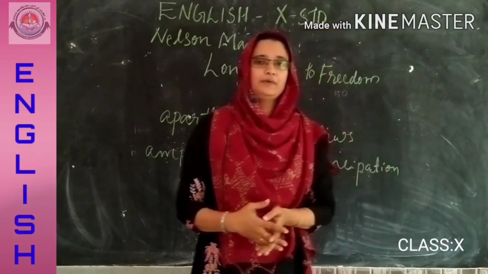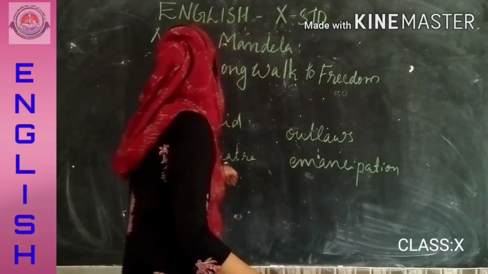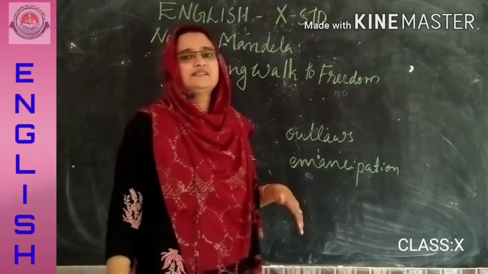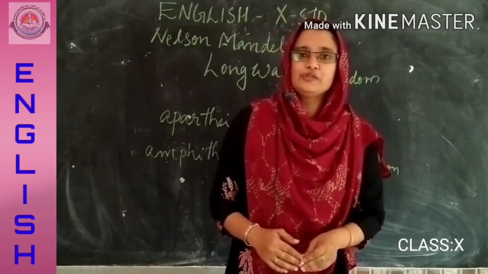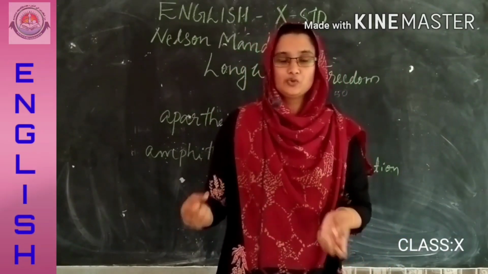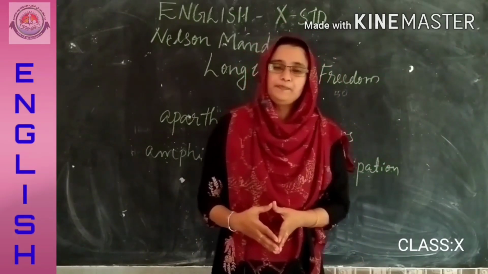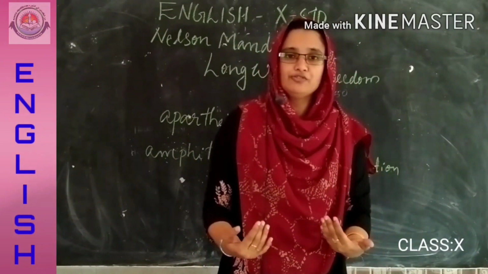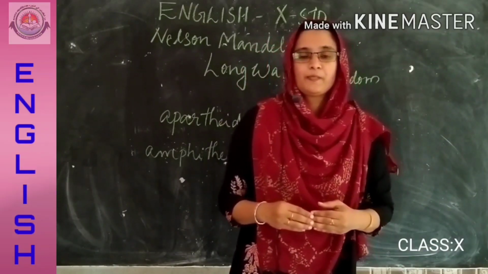Clear? Okay, my dear children, before entering the lesson, you should know the word apartheid. What is meant by apartheid? Apartheid is a political system that divides the people according to their color, race, and other social groups. That means the white people enjoyed all kinds of freedom, all kinds of rights in South Africa in past years.